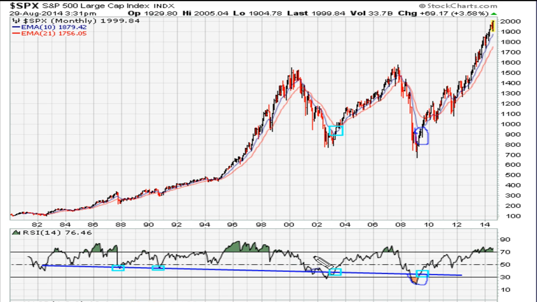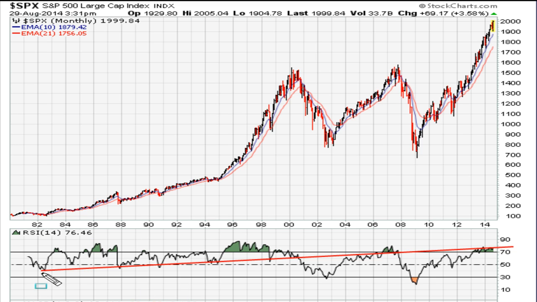So I want to draw one more line, and the line that I've drawn is a red line. Before I do that, let me remove the blue line so as not to confuse us. And you can see that the red line connects the lows of '82, '83, '87, '90, '91, '92 time period, lows of '95, the lows of '98, and it is only after we broke down here in 2000 that we had the dot-com bubble bust here.